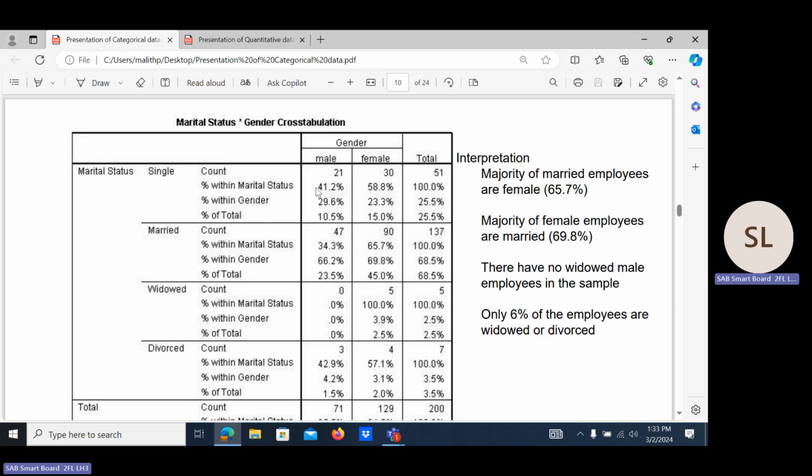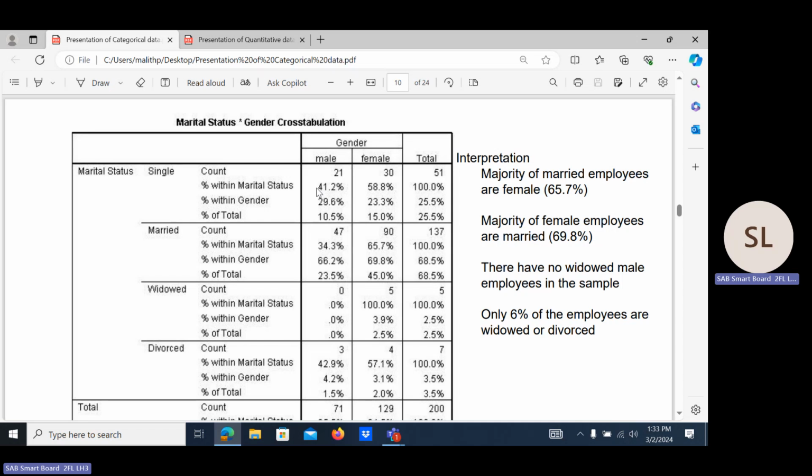How to interpret that value, 41.2%? 41.2% of single respondents are male.